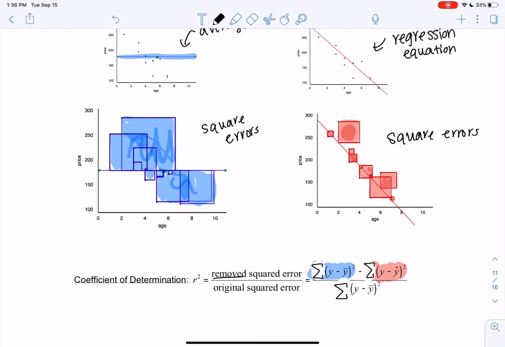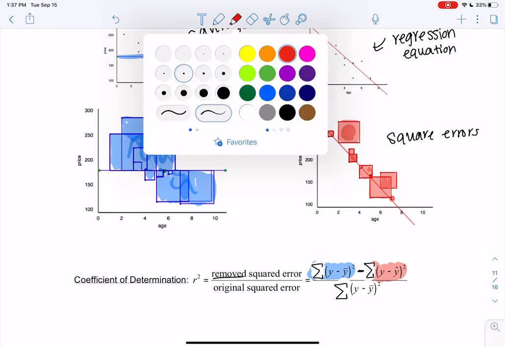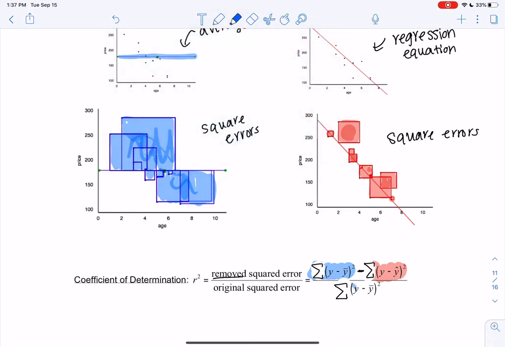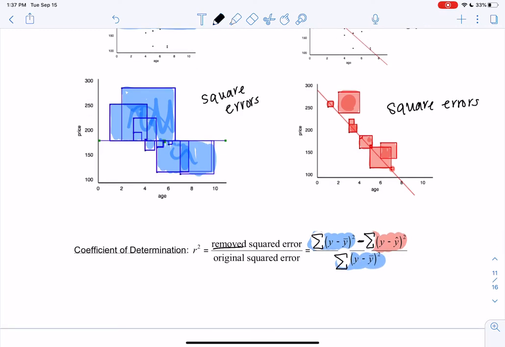How much error did we remove? And then we just divide it by the original squared error, which is the blue one. So it's basically like a percent reduction or a percent decrease, if you ever did these in algebra. But the calculator gave us that number, so we're going to focus on interpreting it. We don't need to know how to do these crazy formulas. We need to know how to interpret things.